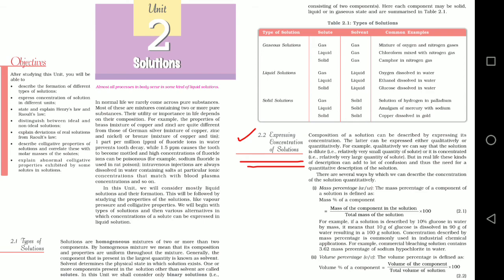So there are many different ways by which we can express the concentration of a solution. Additionally, there are some numerical problems, so we'll try to do some numerical problems related to this topic in the next class.